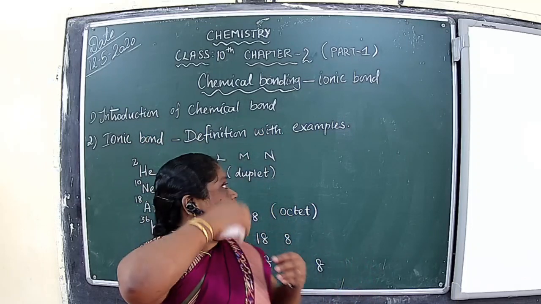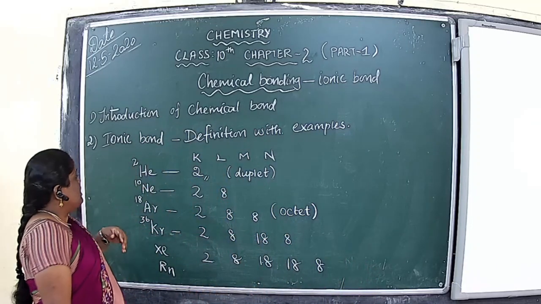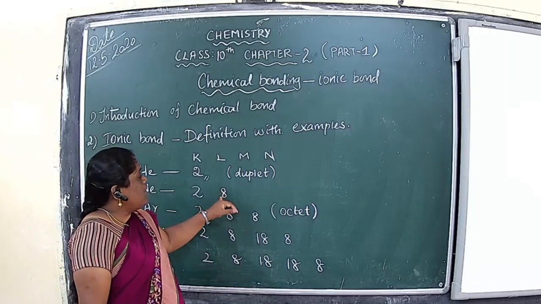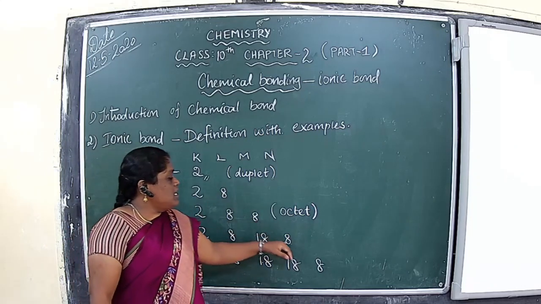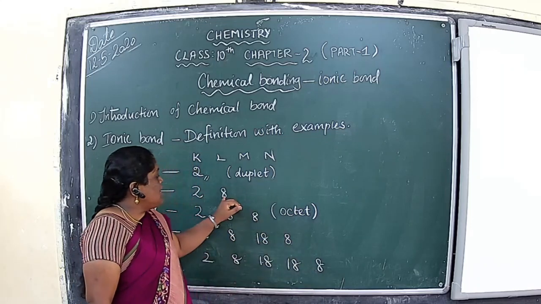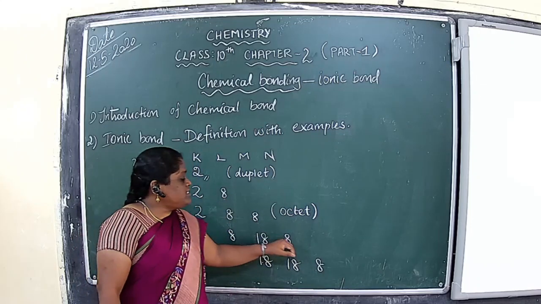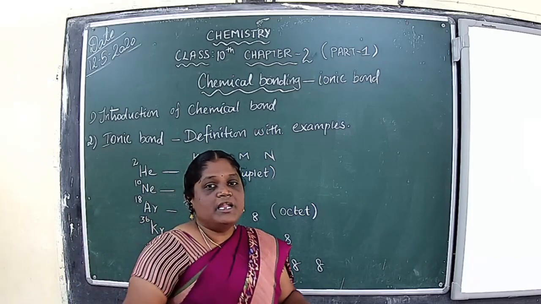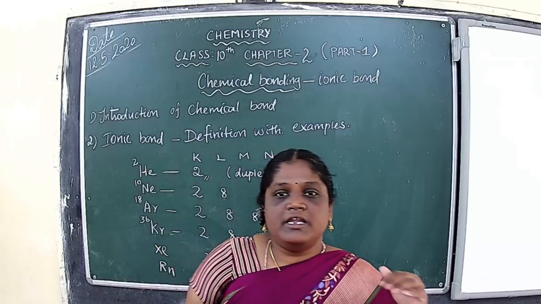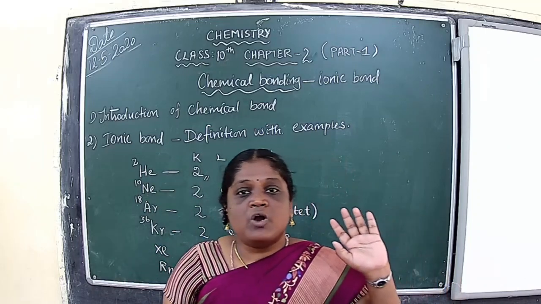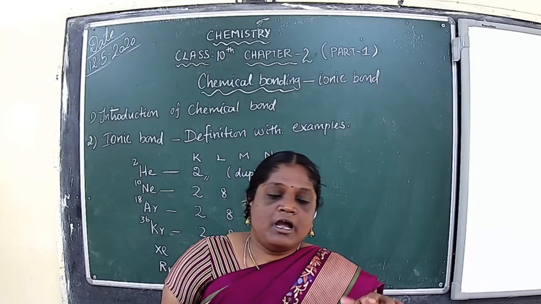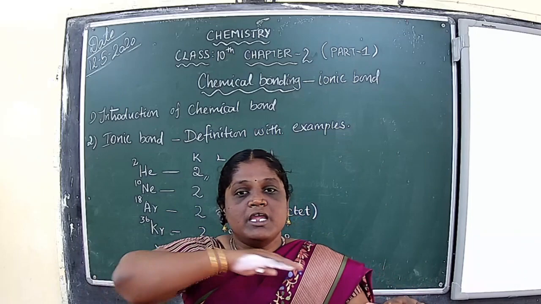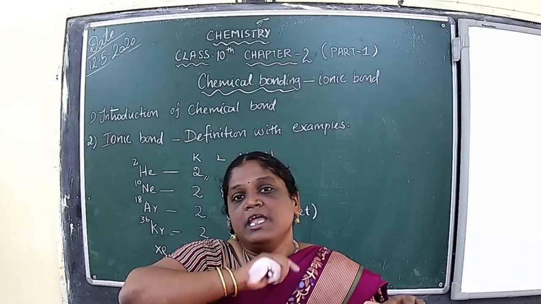And the other noble gases, neon, argon, krypton, xenon, radon, you can see the last shell or valence shell has 8 electrons. So there is a completely filled octet. It attained the stable electronic configuration. Understood? Already it is stable, that's why it is chemically inactive.